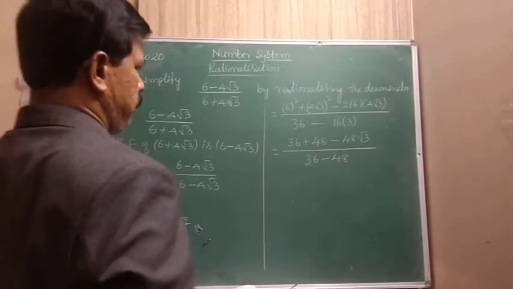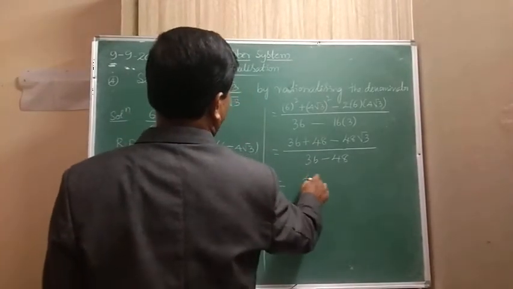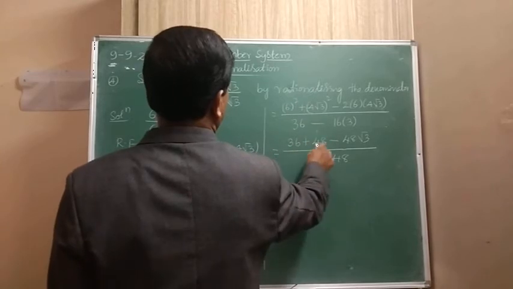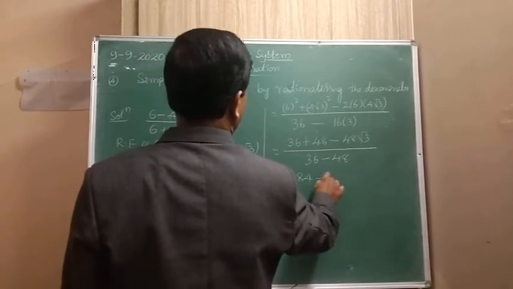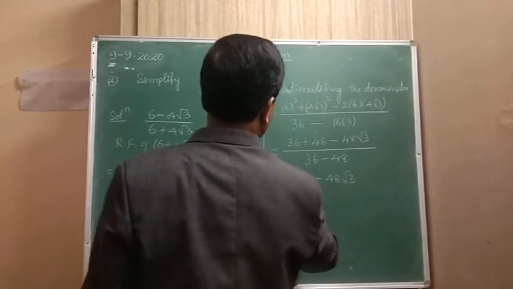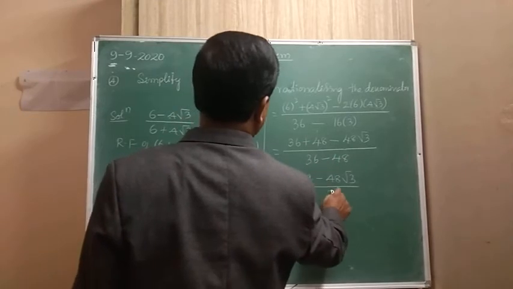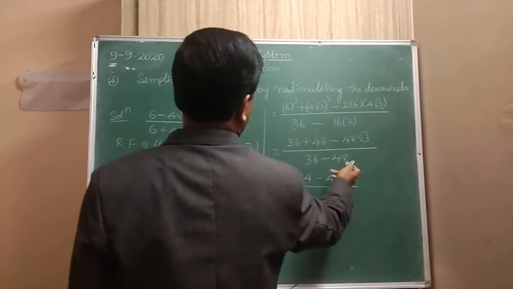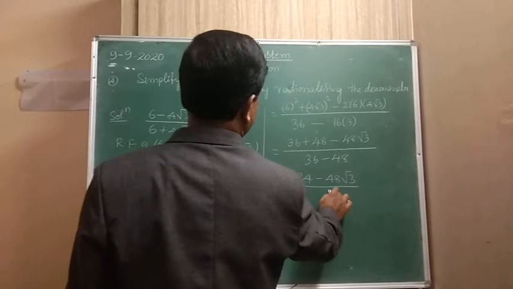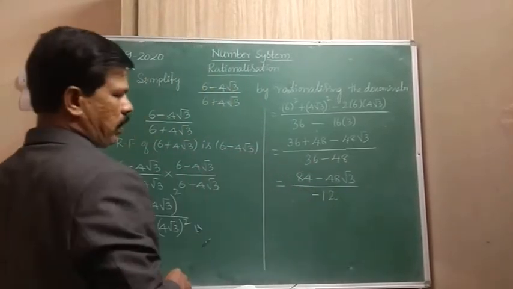Clear? Now, 48 plus 36 is 84, minus 48 root 3, whole divided by 36 minus 48, which is minus 12.